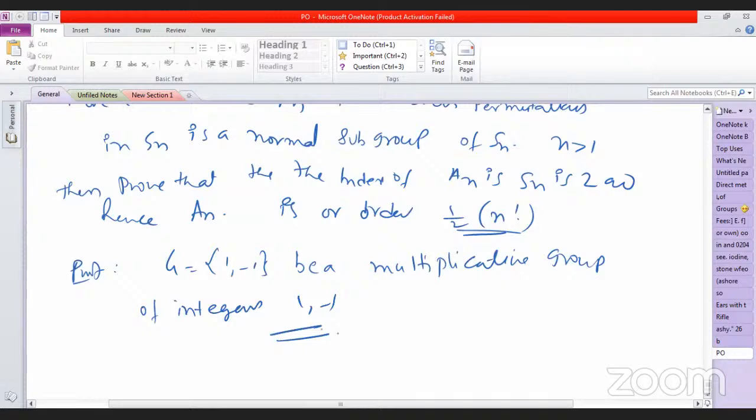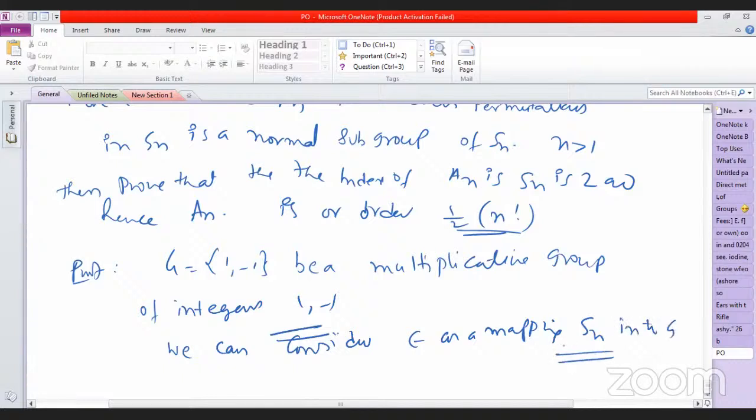Yes, integers. Consider here a mapping epsilon from Sn into G.